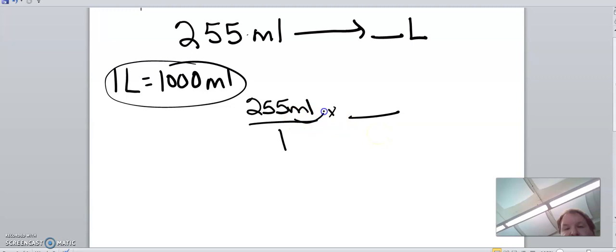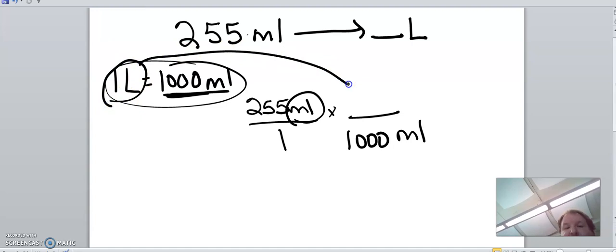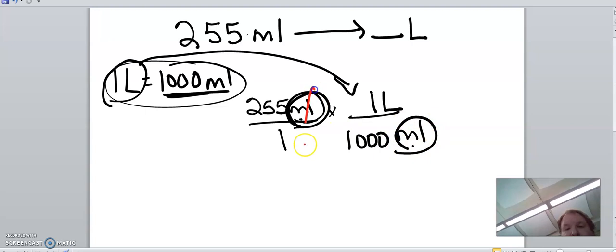Because we have milliliters up here, we're going to need to have milliliters right here. So that milliliters is the 1,000. And that means this is going to go over here, 1 liter. Just like before, our milliliters, they're going to cancel out. So I'd like to make that so you can see that real easily.